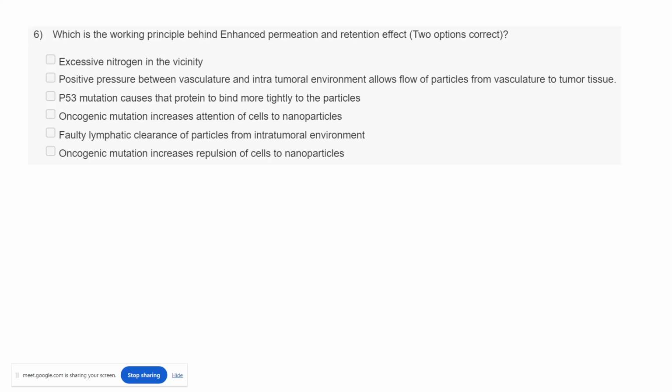Option 2. Option 2, okay. And one more. You have to select two options here. Ma'am, option 5, faulty lymphatic clearance of particles from intratumoral environment. Okay. And one more. And option 2. Okay.